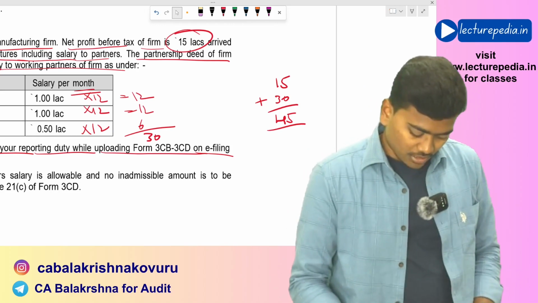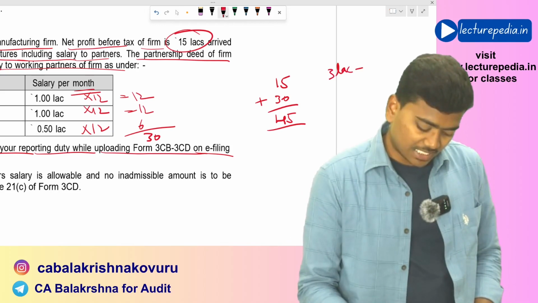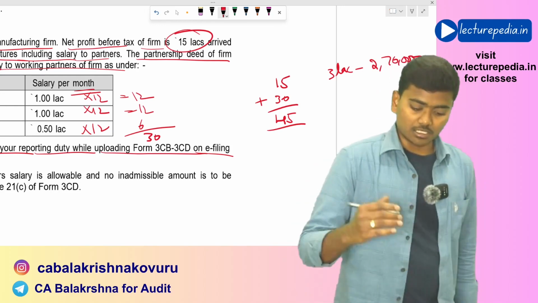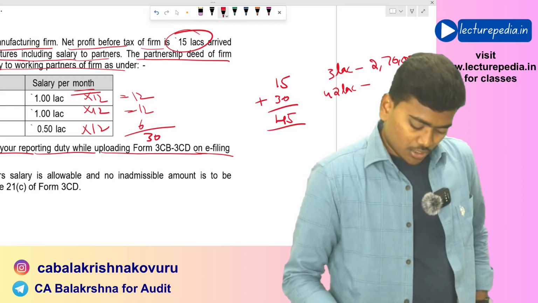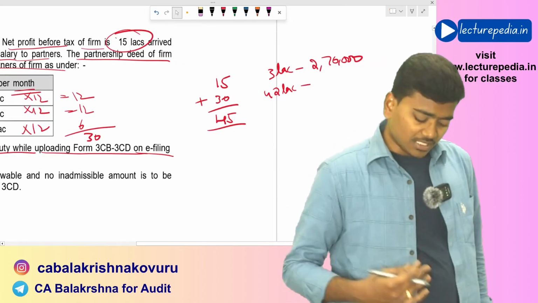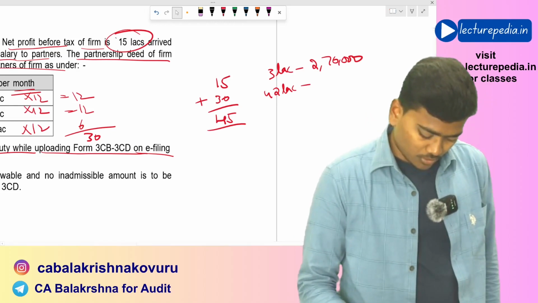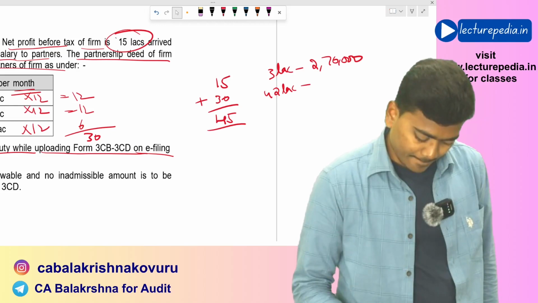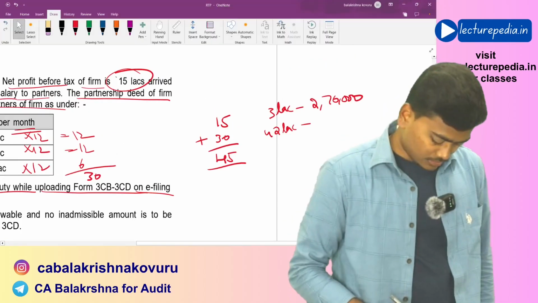Now, if you see here, for the first 3 lakhs of profit, 2,70,000 will be allowed as remuneration, and for the next 42 lakh, you will get 60%, right? 60% means it would be around 25 lakh. Okay, let me use the calculator.